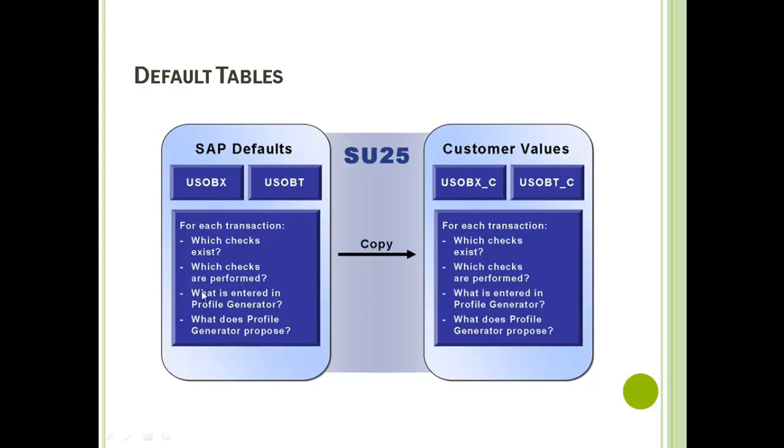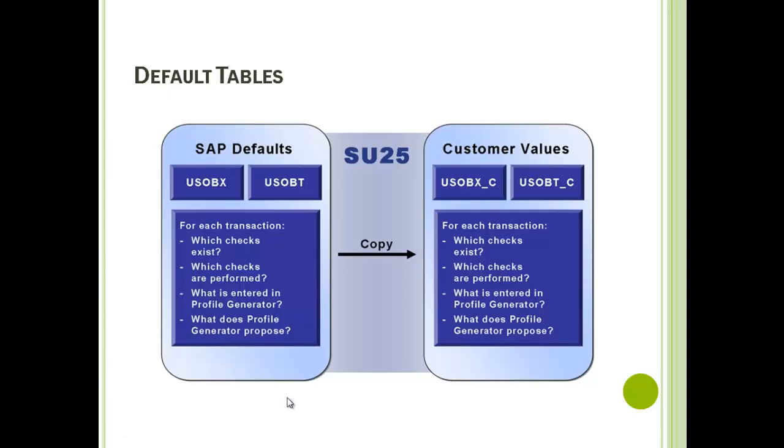So these two tables determine what is being checked during the execution of a particular transaction code. Also, what are the authorization objects used in your profile generator, as well as what are the proposed values whenever you add a transaction code to your menu in the profile generator, or if you go to SU24 and check the proposed values. It all comes from these two tables.